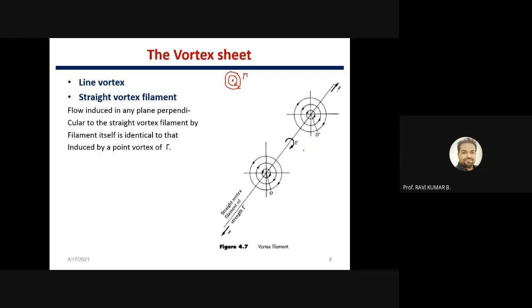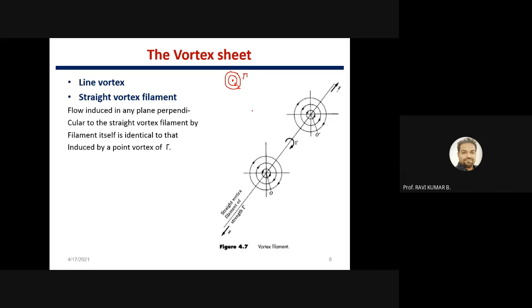Like that, n number of straight vortex filaments can be put together in the flow domain, and you can induce circulation in the flow. This is the only one that we have considered. Now we will consider any point in the flow domain perpendicular to this, and over that we will see the effect due to the presence of this vortex filament.